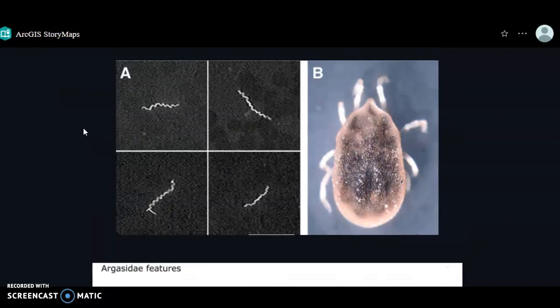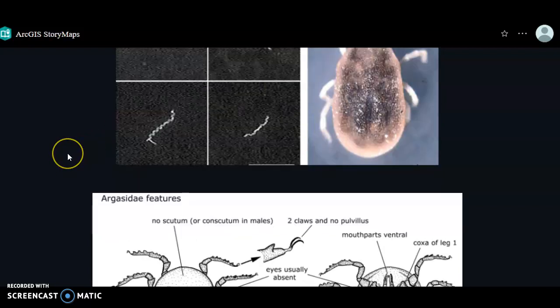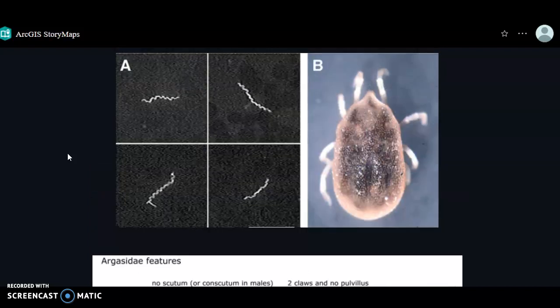It causes tick-borne relapsing fever, transmitted by Ornithodoros hermsi. Only Borrelia genus pathogens are able to infect Ornithodoros genus ticks. The soft tick here is the Ornithodoros hermsi tick.